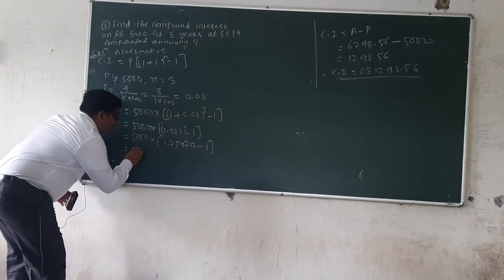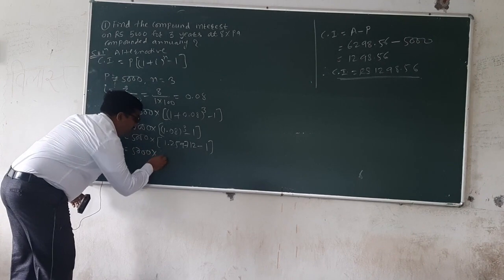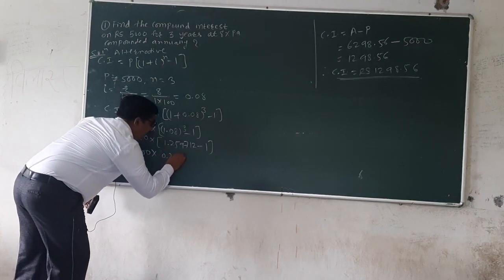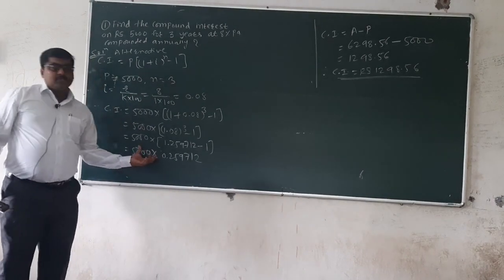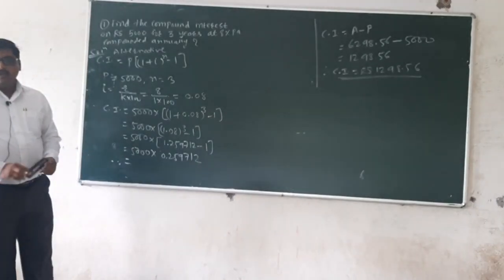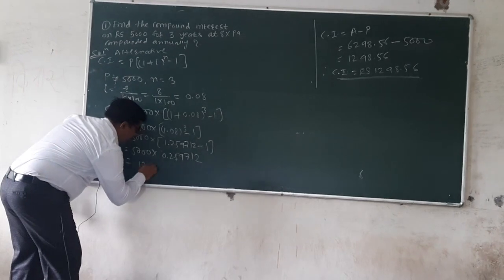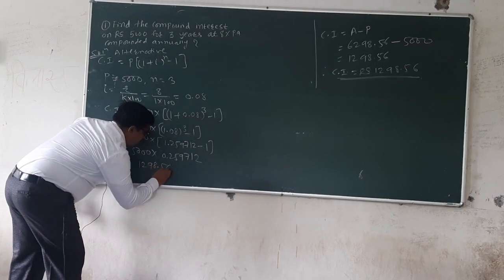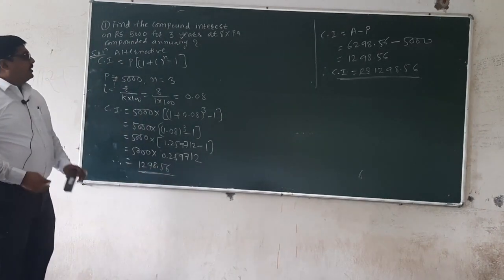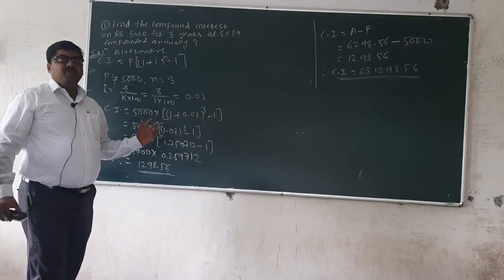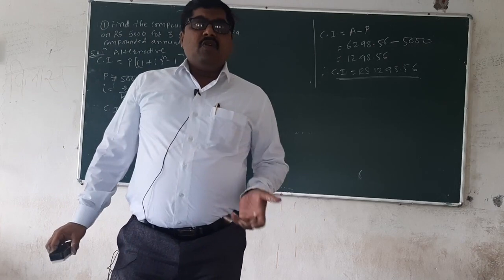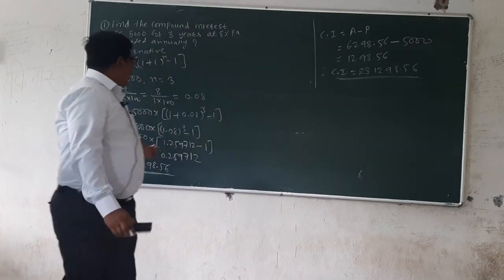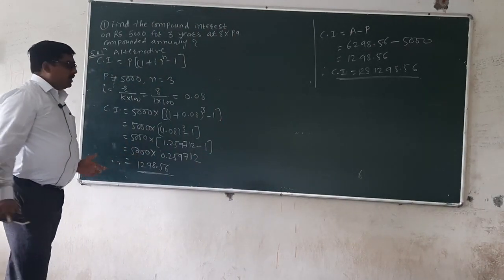So 5000 into 0.259712. If we multiply these two terms, we get 1298.56. So this is your compound interest. This is a simple method. Just use the compound interest formula, then you will get the value of compound interest. Right?